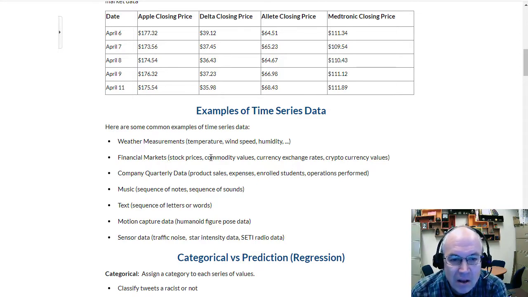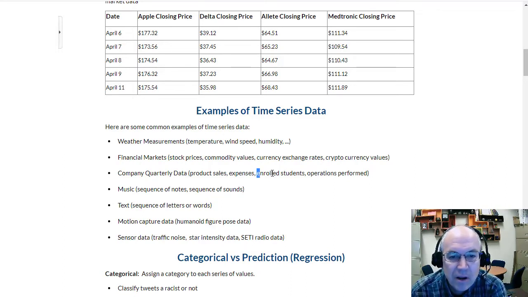Financial markets, whether that's stock prices like we've seen, commodity prices, the price of oil or wheat, currency exchange rates, euro to dollar, that sort of stuff, cryptocurrency rates, interest rates, any sort of financial data generally varies and is recorded regularly over time. Similarly, at any company or any organization, you probably have monthly product sales reports or monthly expenses or weekly expenses or quarterly reports.